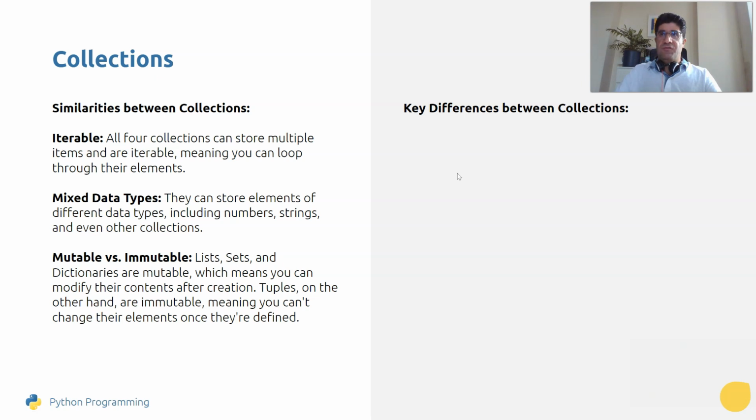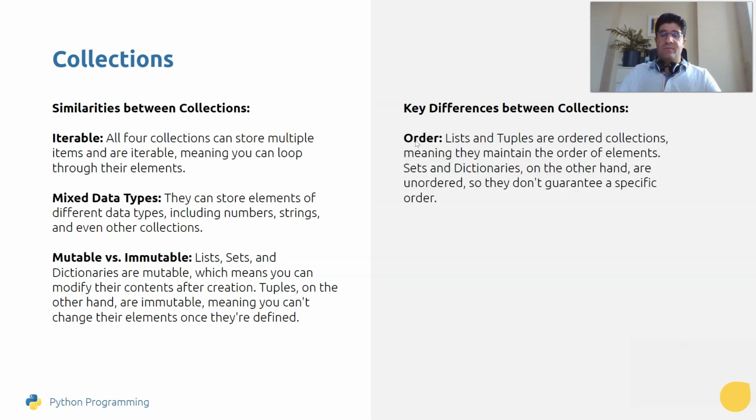And the key differences between the collections. The first difference is the order. Lists and tuples are ordered collections. It means they have a first item and a second, there is an order between the items inside the list, and they try to maintain the order of the elements. But sets and dictionaries don't have order, and in fact, inside a set we cannot have duplicate values.